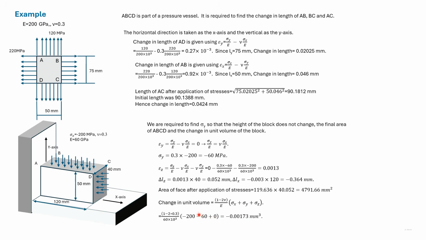To find the change in unit volume, we can use the equation for dilation. We know all the three stresses. So using that, we find the change in unit volume. We multiply this by the volume of this body, then we can get the total change in volume.